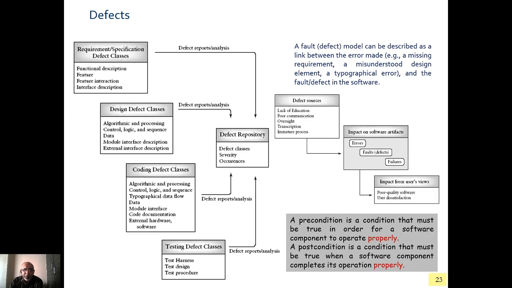Defects are categorized into requirement defects, design defects, coding defects, and testing defects, and there is a defect repository, or in short, industry nomenclature says it is a bug repository.